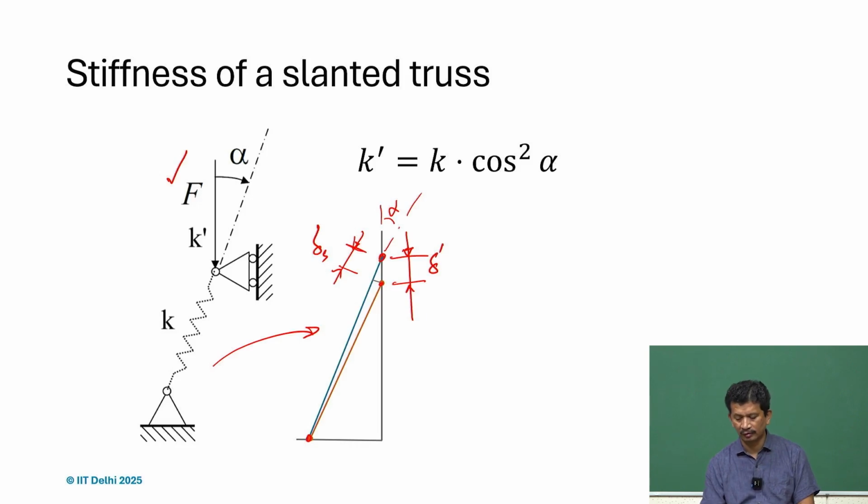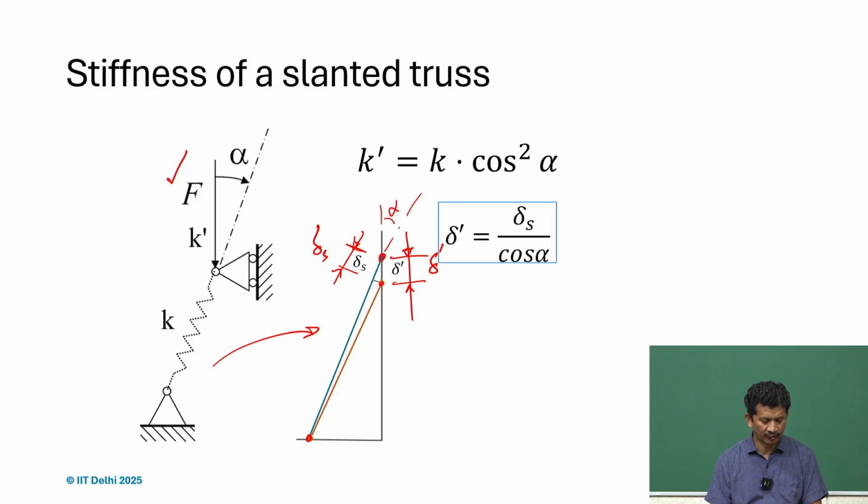So we can easily relate it with trigonometry. So delta S and delta prime, and again we can write the trigonometry, and what we realize is that the displacement in the vertical direction, or in the force direction, is a function of delta S, which is delta S by cos alpha.